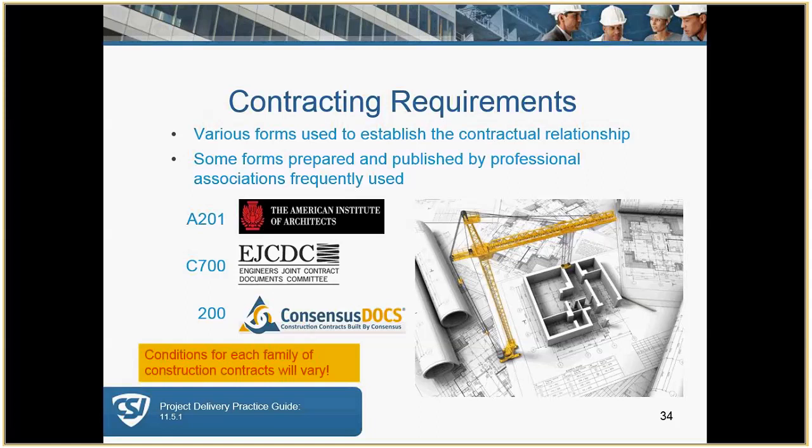Each family of the construction contracts will vary in terms and conditions, so don't mix an AGC consensus doc with an AIA doc, as far as one being the general conditions and the other being the agreement. The whole idea behind having these families is that you utilize one family and it makes things a lot easier.